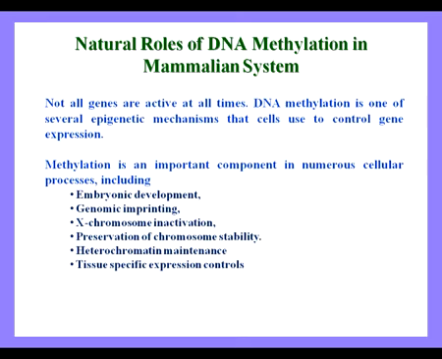Therefore it is an important component in cellular processes, including embryonic development, genomic imprinting, X chromosome inactivation, which is the formation of Barr bodies in female cells, preservation of chromosome stability, heterochromatin maintenance, and tissue specific expression control.